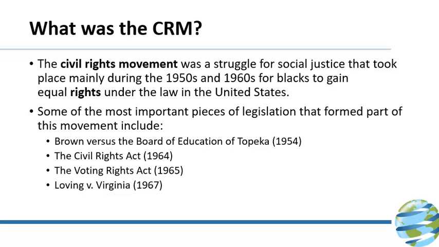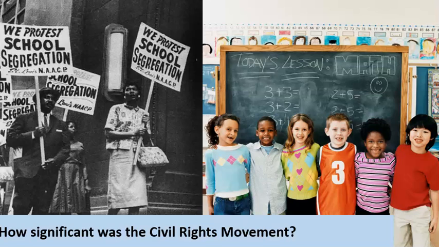The Civil Rights Act of 1964 overruled discrimination in places such as the workplace. The Voting Rights Act of 1965 eradicated literacy tests for black citizens, and then the Loving versus Virginia decision of 1967 legalised interracial marriage for the first time in the US. So you can see that the Civil Rights Movement actually did have a significant impact.